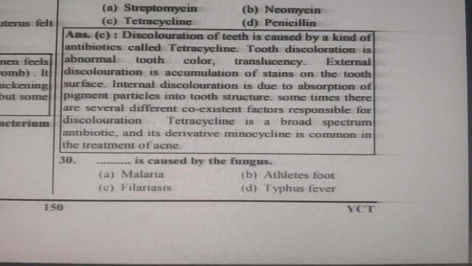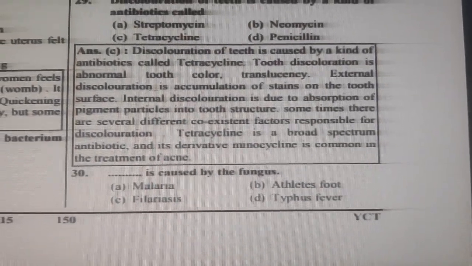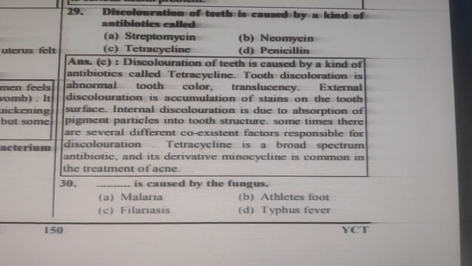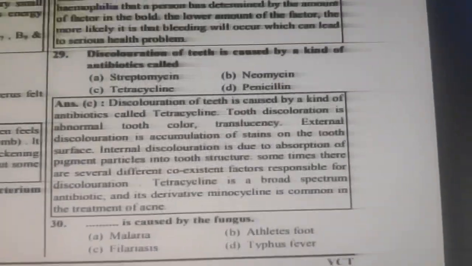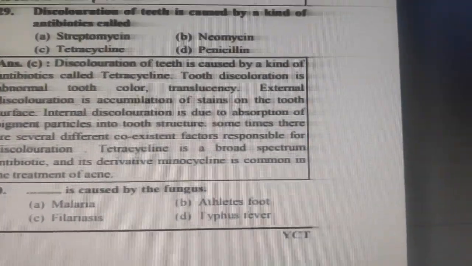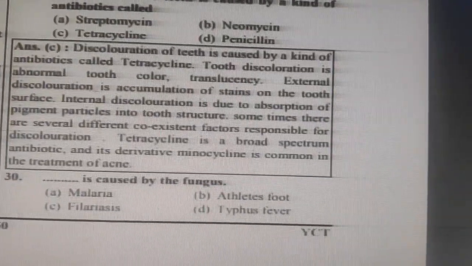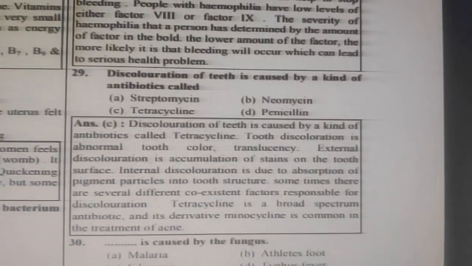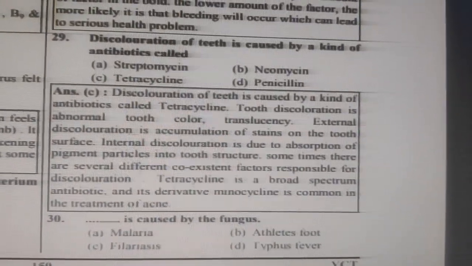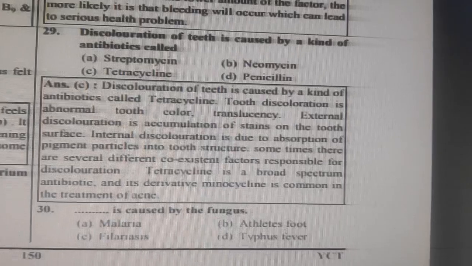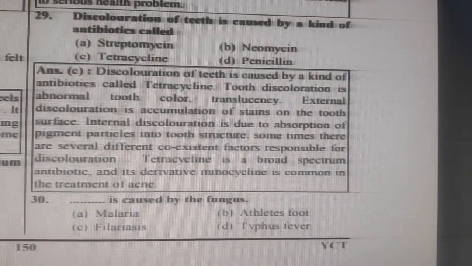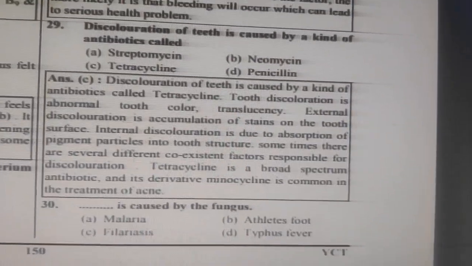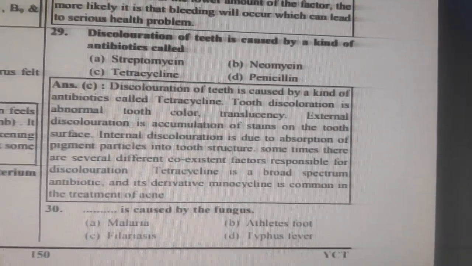Tetracycline. Tooth discoloration is abnormal tooth color. External discoloration is an accumulation of stain onto the tooth surface. Internal discoloration is due to pigment incorporated into the tooth structure.